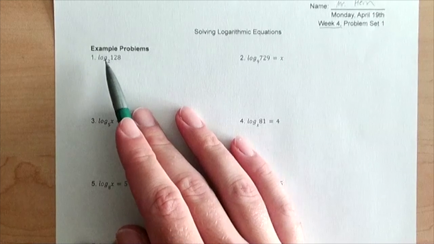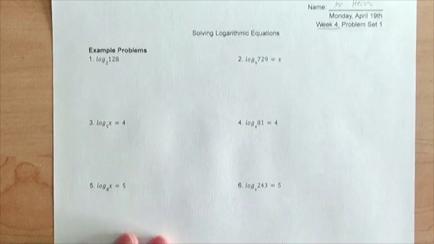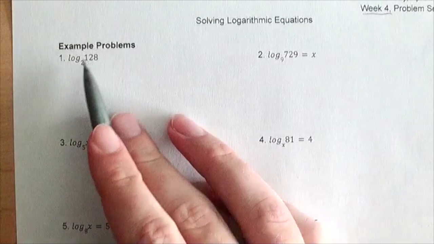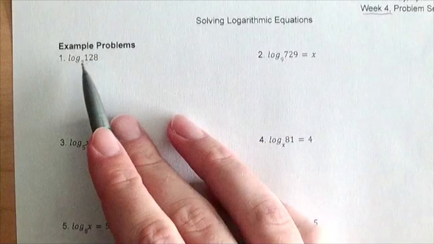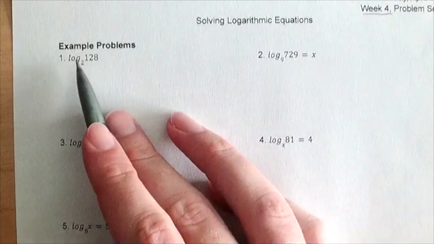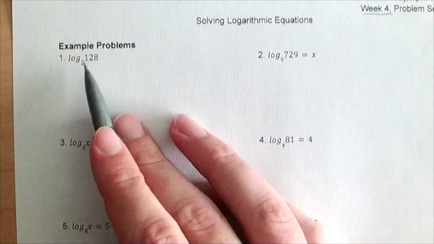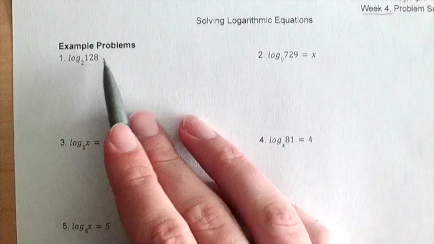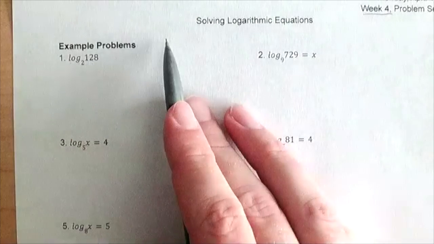But for number 1, it says log base 2 of 128. And all I want you to notice or recognize when you see this is that this is called an expression, not an equation, because it doesn't have an equal sign. But we know that when we're solving this, we're figuring out what this is equal to, right?